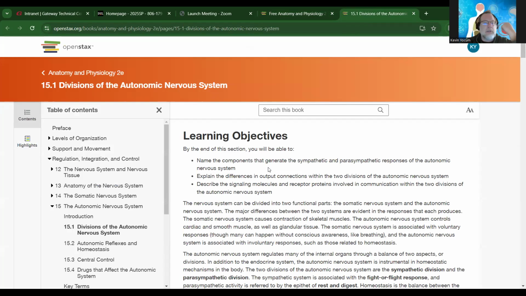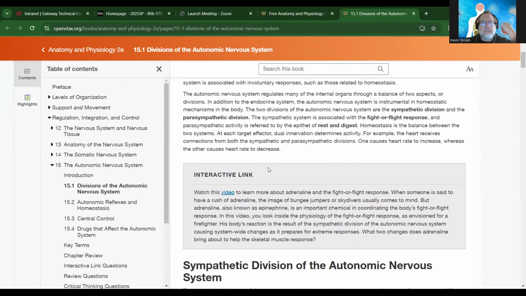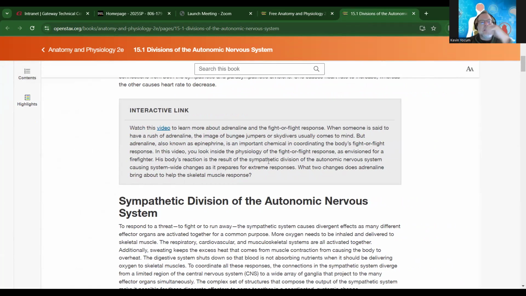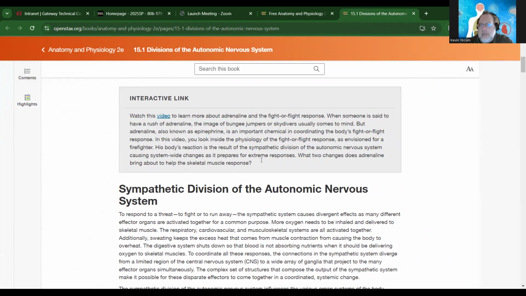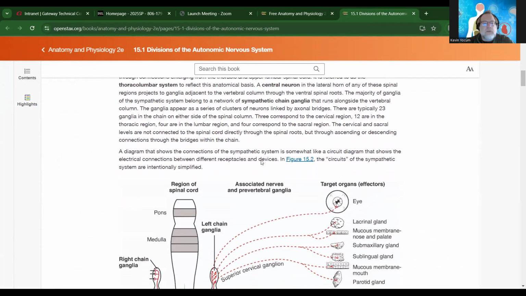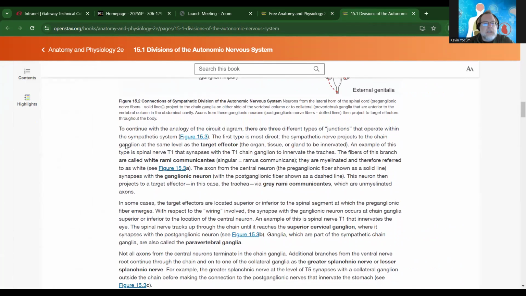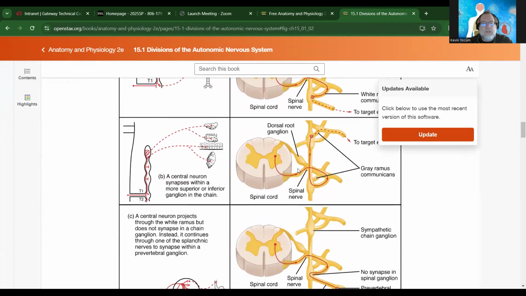If I click on one of these, I click divisions of the autonomic nervous system. Again, the beauty of OpenStax is they embed video links. You'll find wonderful illustrations and images. This is a lot like what we just looked at.